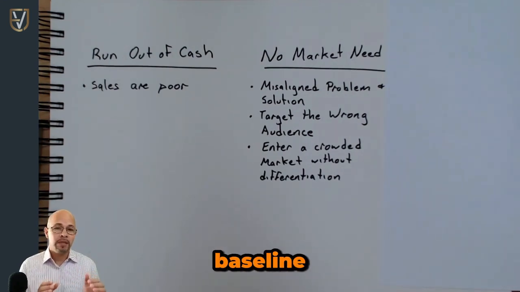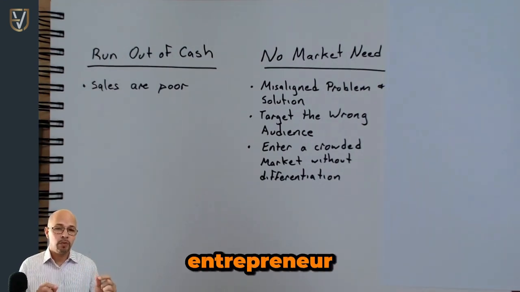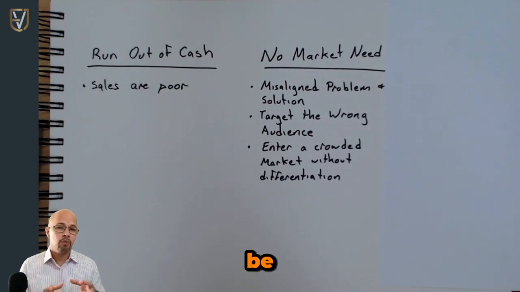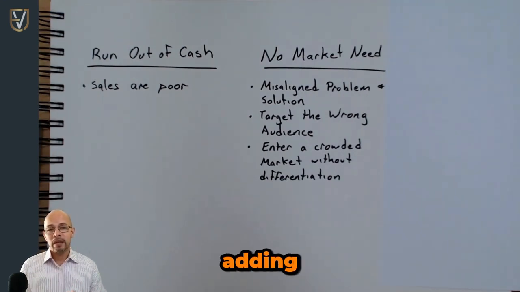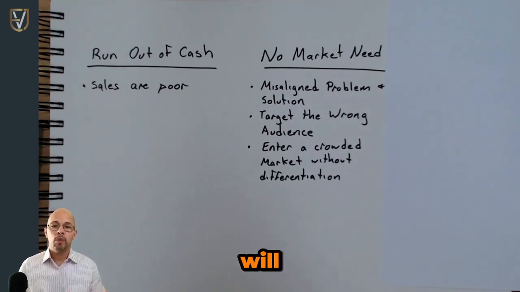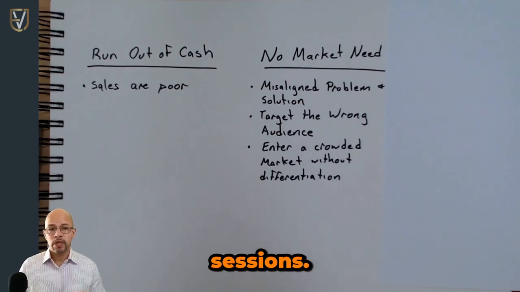So that is the baseline. If an entrepreneur or business owner is able to satisfy that problem, then he or she is going to stand out in a crowded marketplace. And then differentiating in the sense of adding additional benefits to it is going to make it much more superb. And we will be talking about that in future sessions.